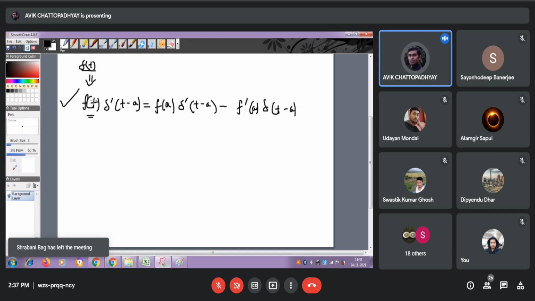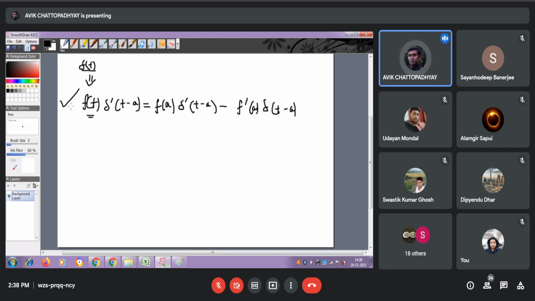That is, for the function f(t) you differentiate once and extract the value at t equals a, where the differentiated delta function exists. Then it is multiplied by delta (t minus a), just the delta function itself.